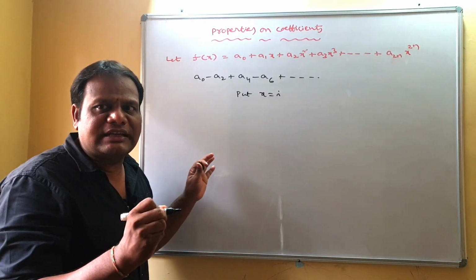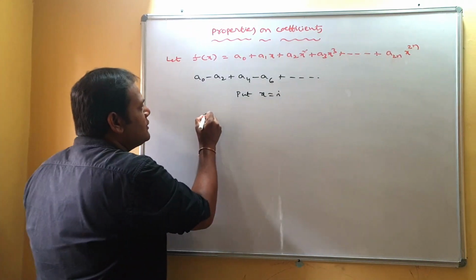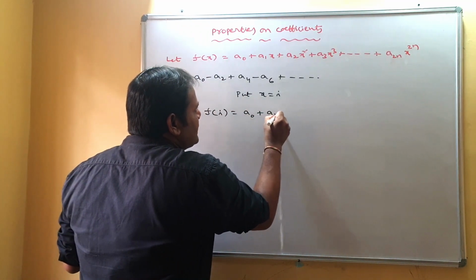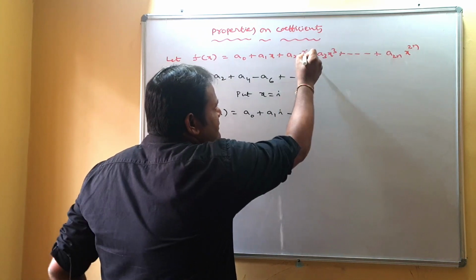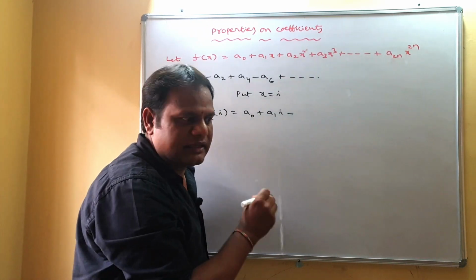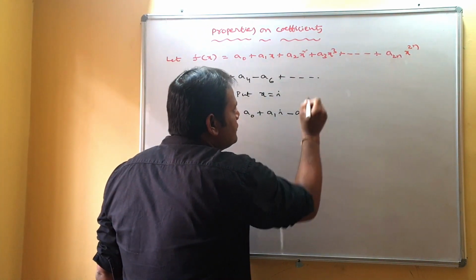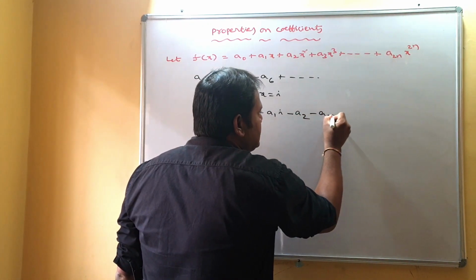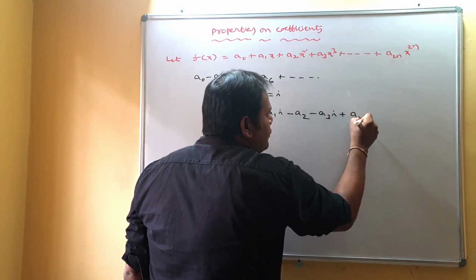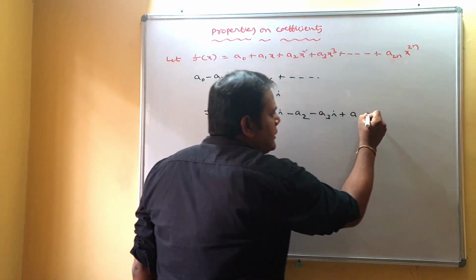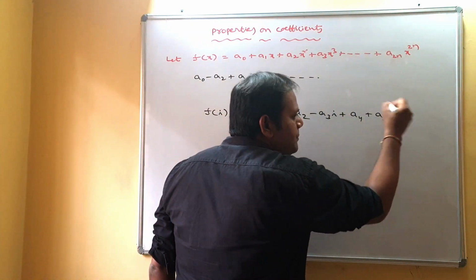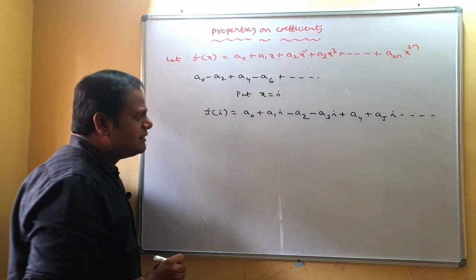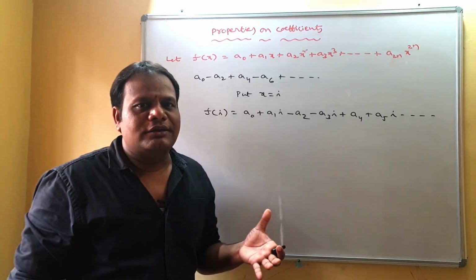If you put x equal to i in the expansion, you get f of i equal to a0 plus a1 i. Square, you know i square is minus 1. So minus a2, i cube becomes minus i, so minus a3 i, plus a4 i power 4 is 1, and plus a5 i power 5 is i, and so on. What terms do we want?